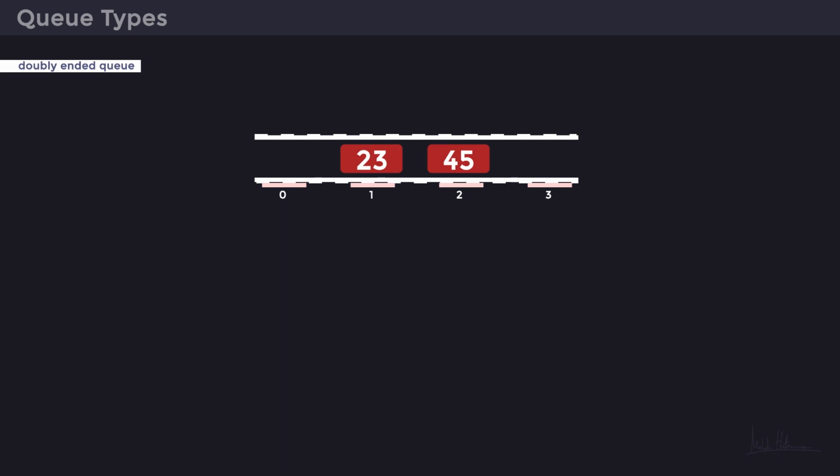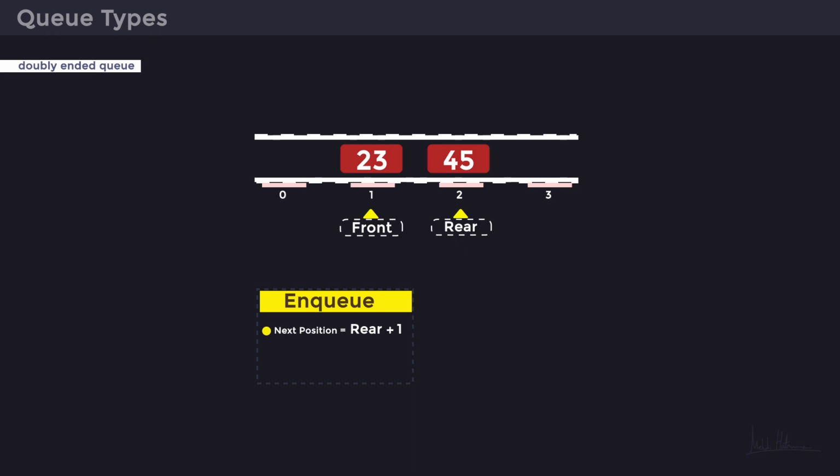Another type of queue is the doubly-ended queue or DQ. Unlike the principle of first in, first out in a simple queue, a DQ allows us to add or remove items from both ends. For a DQ, we have a formula to add new elements.